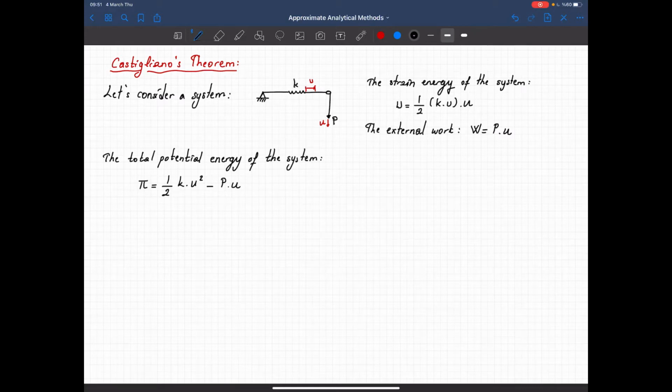Okay, so let's call this equation 1. So since we have the total potential energy equation of the system, we can say the following. In order to be in equilibrium, the system must have the minimum potential energy.